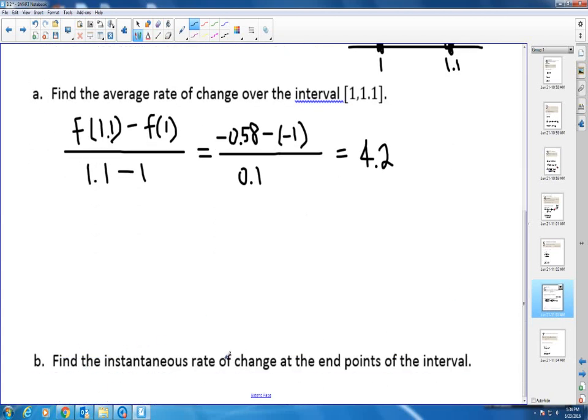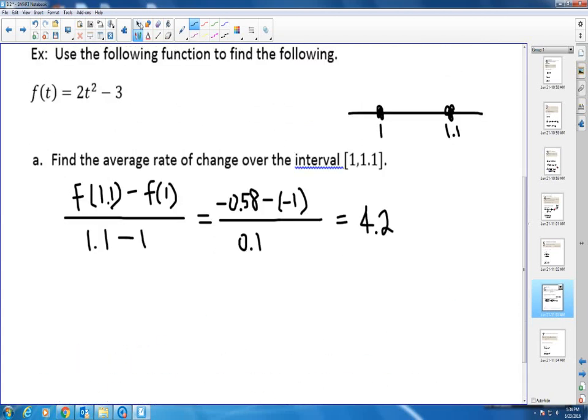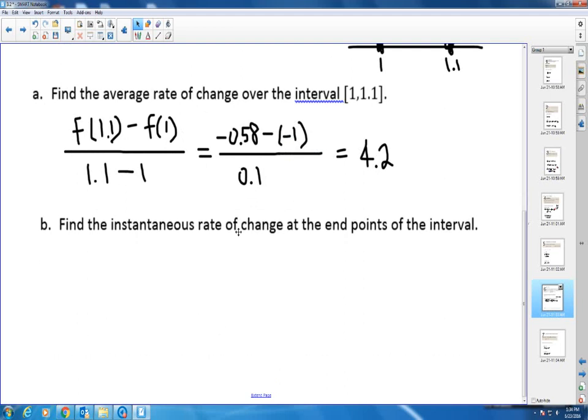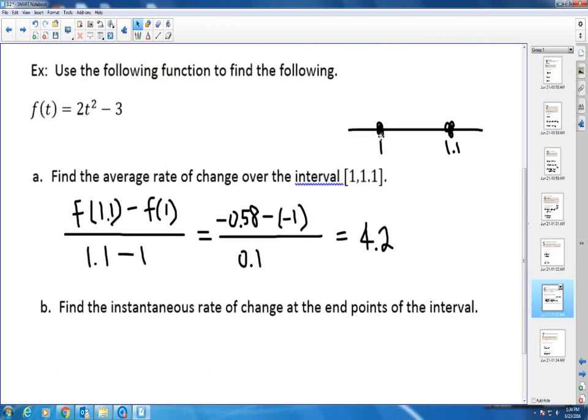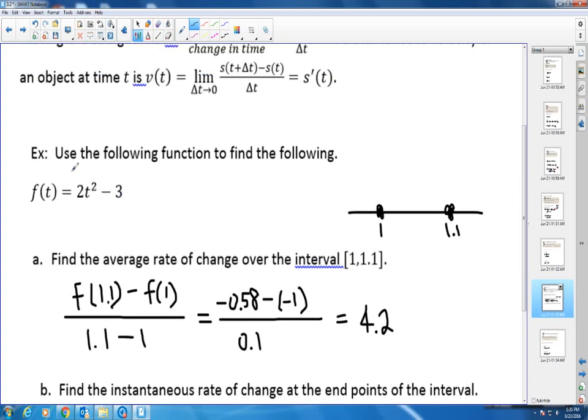But the instantaneous rate of change at the endpoint is a little bit different. What's my instantaneous speed at time 1, or we can say 1 second? The instantaneous rate of change is the derivative.